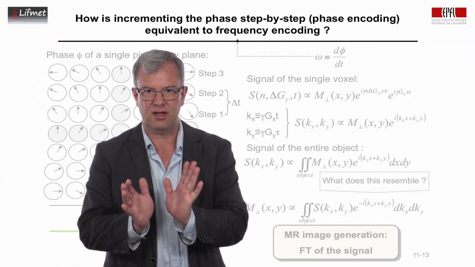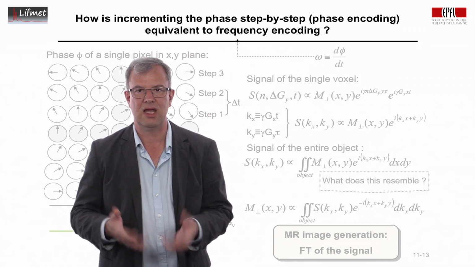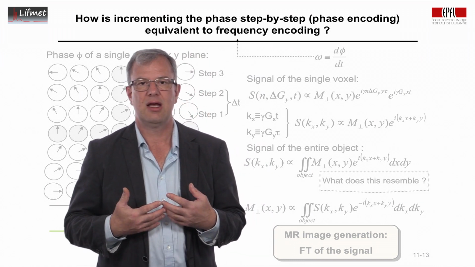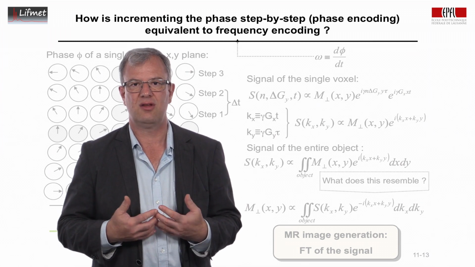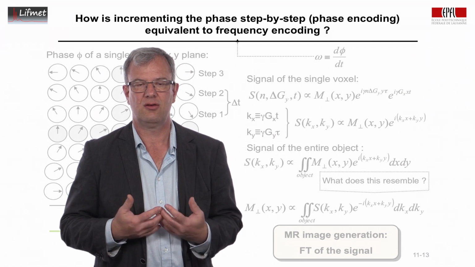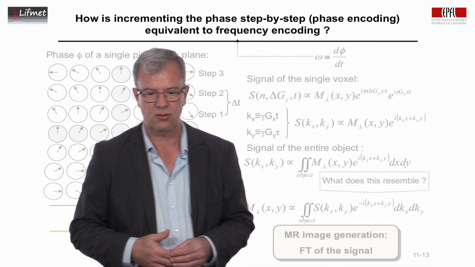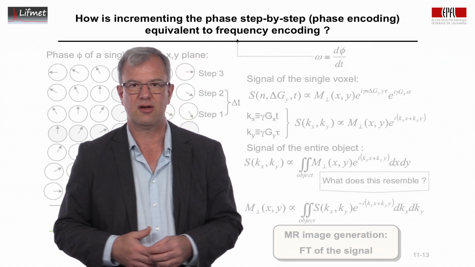Here x and y are the real space, but in the process of acquiring the image with MRI, essentially what we are acquiring is the Fourier transformation of the object. And to obtain the image from the data that's stored in a computer, what one has to do is a two-dimensional Fourier transformation.